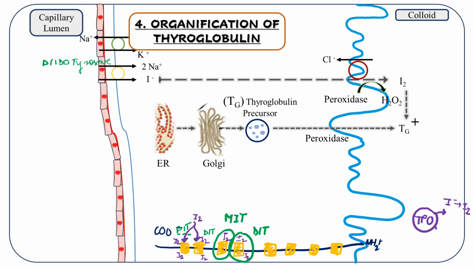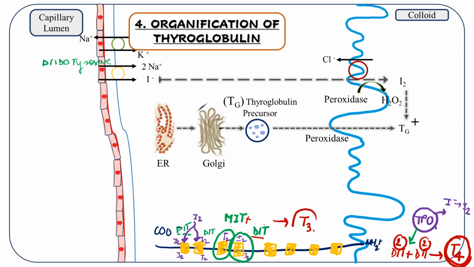Now this TPO will come into action again. Now what will this TPO do here? Now this TPO will couple. What will it do? It will couple one DIT with one DIT, that is two molecules here, making T4, which you call thyroxine, and it will also couple MIT, that is monoiodotyrosine, plus DIT, and you'll get, what will you get?